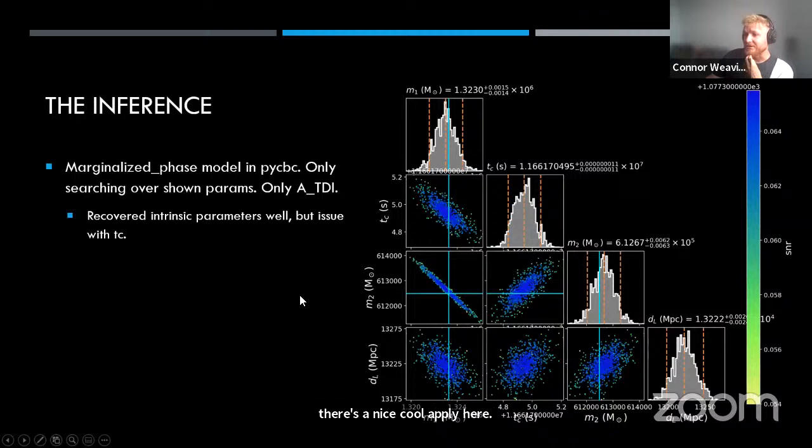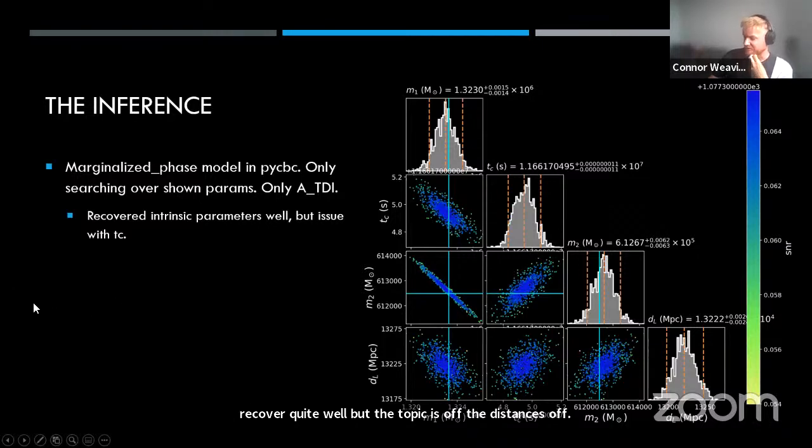So originally, we started using the marginalized phase model, and only one TDI stream for simplicity, and we'll build complexity as we go. So here's one of the very first plots that we were able to plot using PyCVC and the waveform generator. It's very simple, and as you can see, the masses are recovered quite well, but the time of coalescence is off and the distance is off.